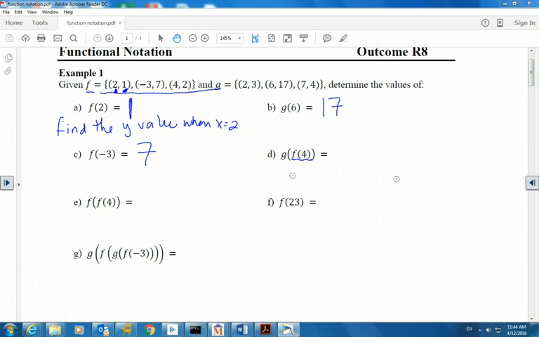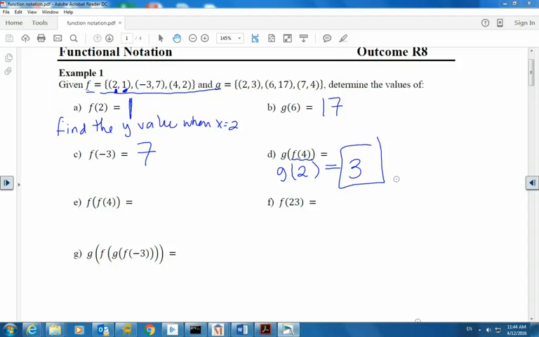So then I'm going to write my g of 2, and what is that equal to? Then I go over here, and I look for the x value of 2, and I see that the y value is 3. So first, for f of 4, I had to go here and find f of 4 is equal to 2. And then I figure out g of 2, and my final answer is 3.